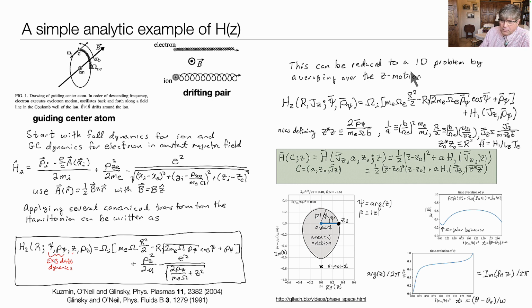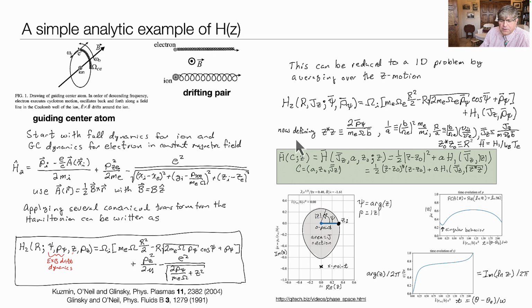This can be further reduced to a 1D problem by averaging over the Z motion, where it is essentially assumed there's an additional approximate symmetry of the motion given by the adiabatic invariant associated with the Z-bounce motion, giving this one-dimensional p and q Hamiltonian.